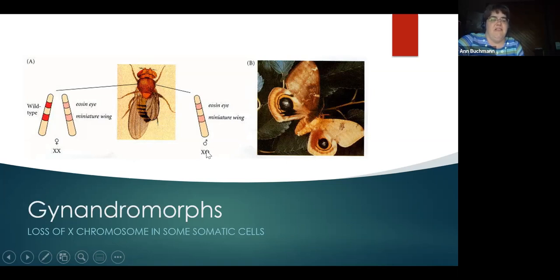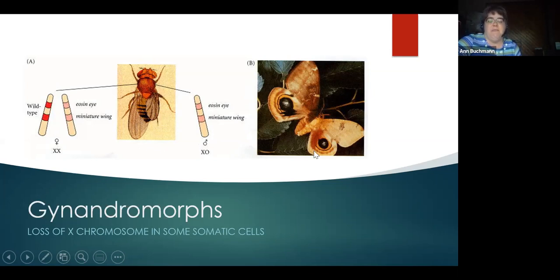Those mutations you can see displayed on the right side because the X that was maintained in those cells is the X that had those recessive mutant genes. And it no longer has the X with the wild-type genes, or the normal genes, to dominantly mask the expression of those recessive genes. So you can see a different phenotype on both sides, but there's female characteristics on the left and male characteristics on the right.